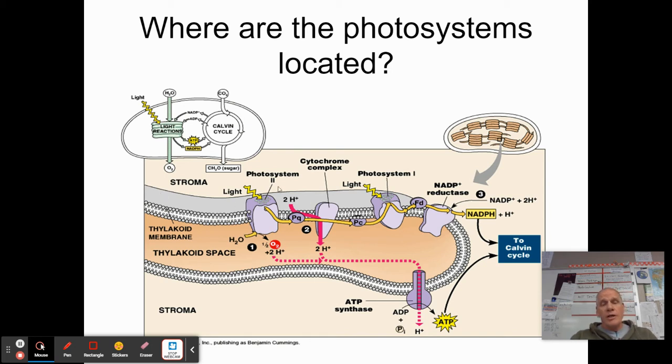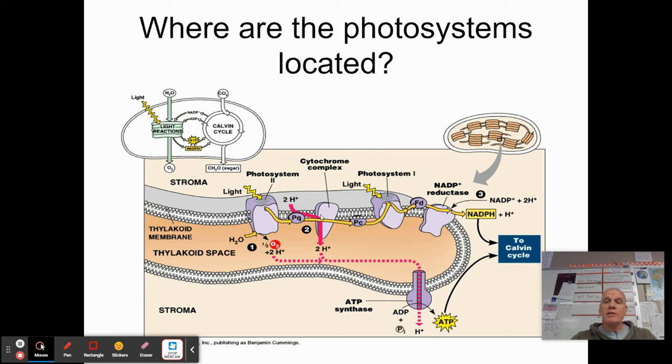Here is another, more realistic view of that electron transport chain, where we see photosystem 2, which is a protein complex embedded in the phospholipid bilayer of the thylakoid membrane. Plastoquinone, PQ, is a mobile protein element that can transport electrons from photosystem 2 into the cytochrome complex.